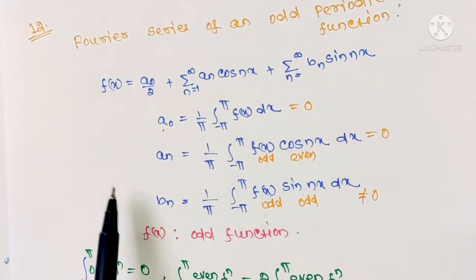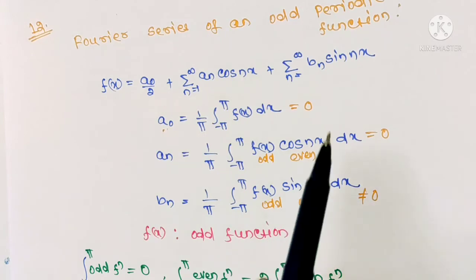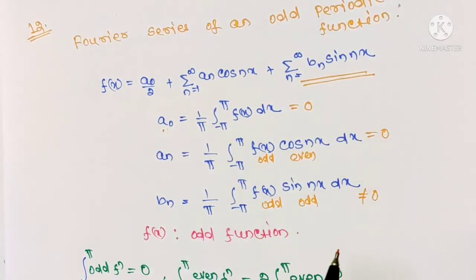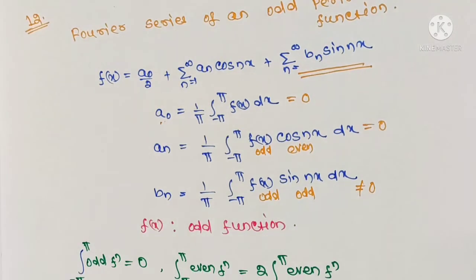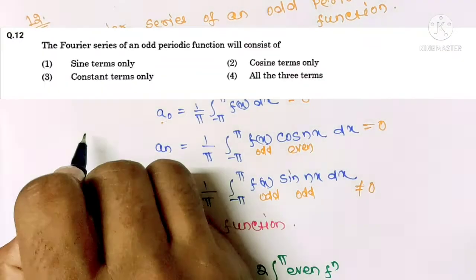So when writing the Fourier series of that odd periodic function, only this sine term will exist. So the Fourier series of an odd periodic function will consist of sine terms only. So your correct option is option 1.